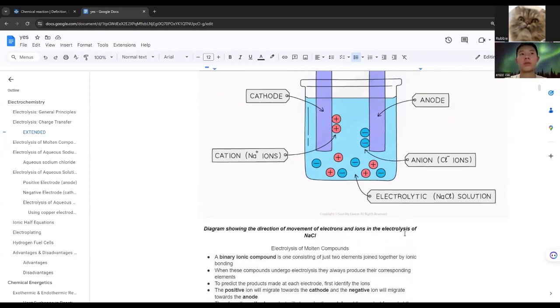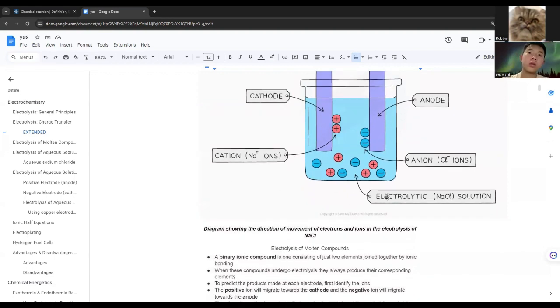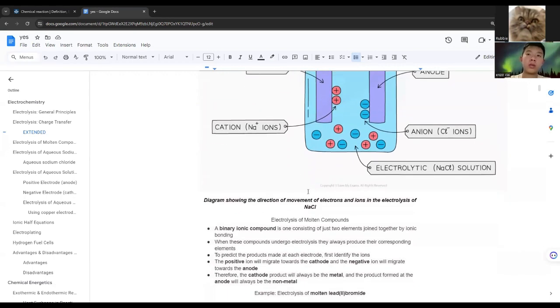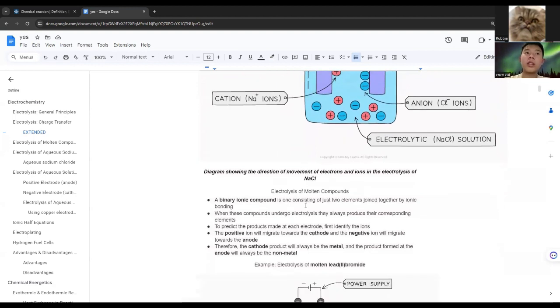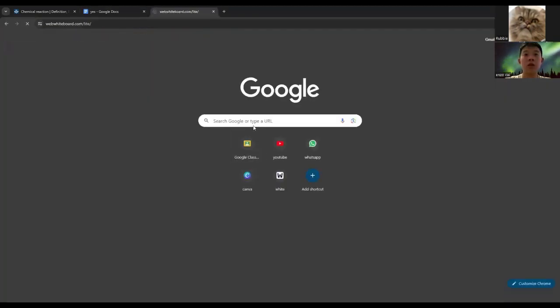Anions in the electrolysis of NaCl. This is what happens in NaCl. But this is only concentrated NaCl. No, wait, yeah, this is NaCl. If it's not concentrated, it's different.